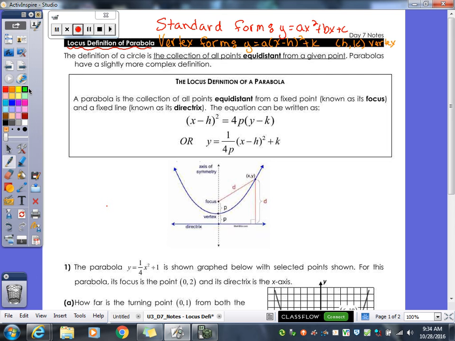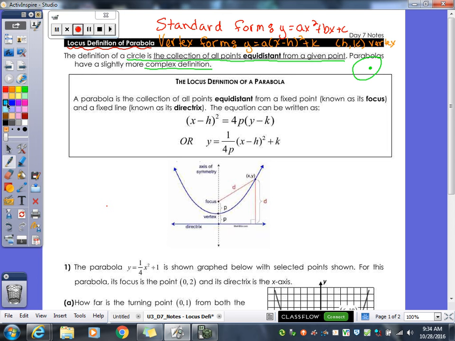So what we have to keep in mind is the definition of a circle is the collection of all points equidistant from a given point. So your given point being your center, and then you've got all of the points around it. That's not a very good circle, but you get the idea of it. So parabolas have a similar definition, but it's a little bit more complex.